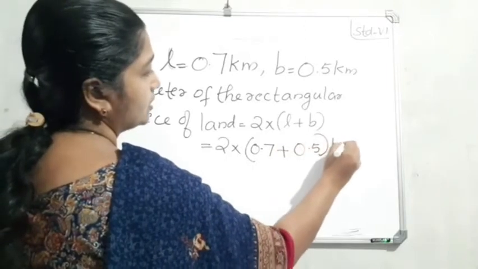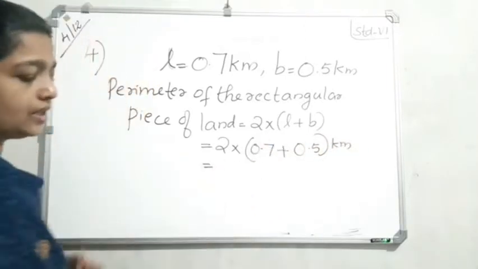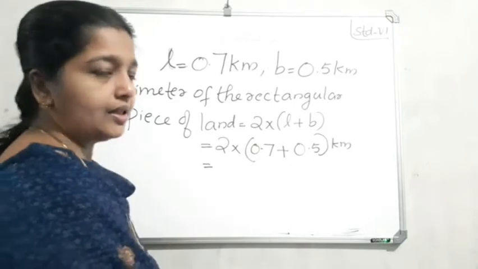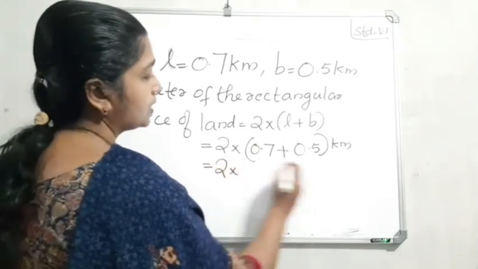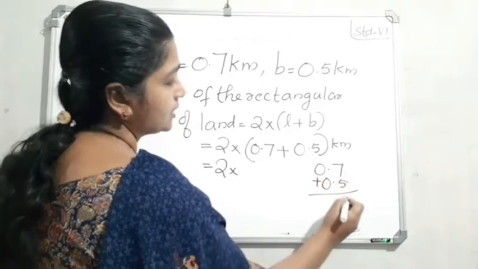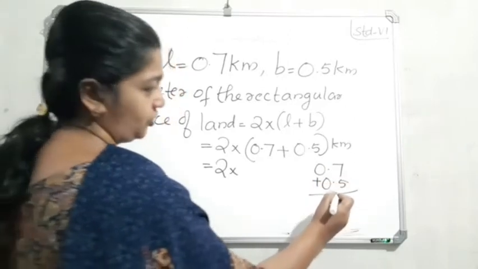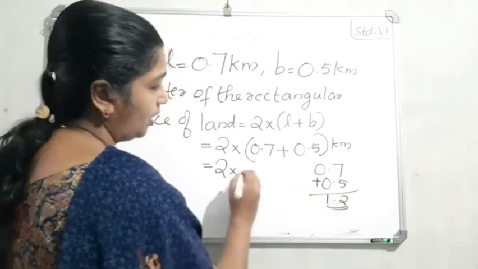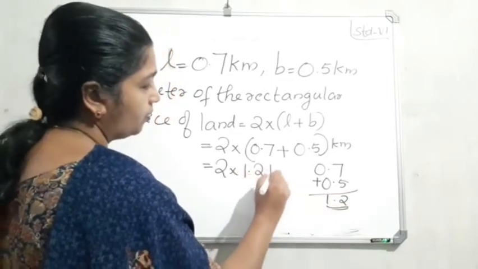Here what is the measurement? Kilometer. Clear? That equal 2 into 0.7 plus 0.5. That equal 7 plus 5 equal 12. Then 1.2 kilometer.